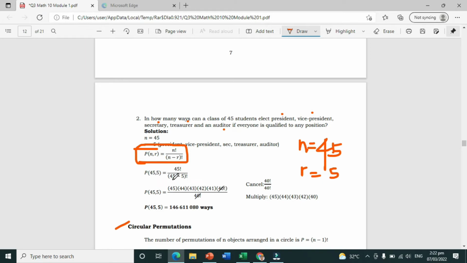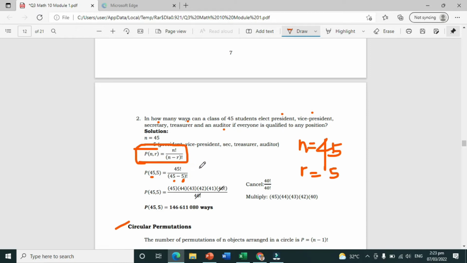Pwede ba P(5,45)? Okay, very good. Hindi yan pwede, mga learners. Now, n factorial, 45 factorial, over 45 minus 5 factorial. Take note, ito yung r natin, ito yung n natin. 45 minus 5 is 40, then factorial.